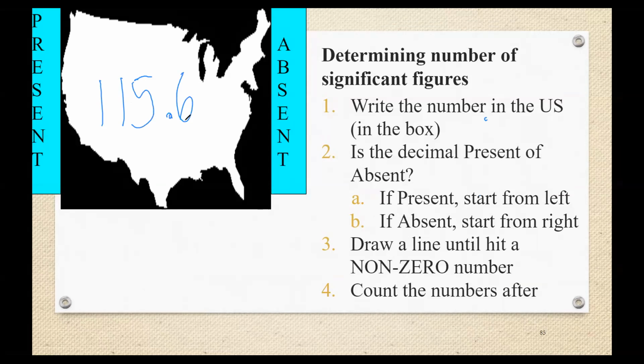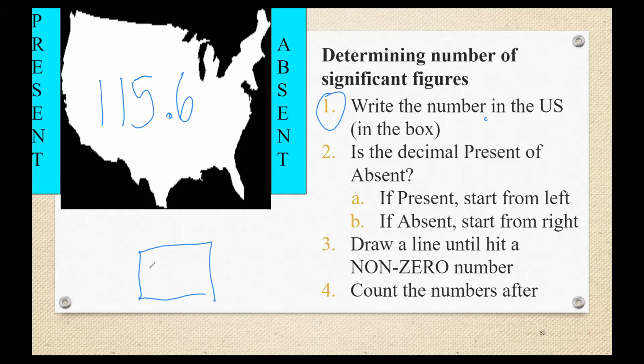So we need to figure out how many of these numbers are significant. And we're going to use what's called the Pacific Atlantic method. So what we're going to do is create a box and put that number in the box. That's the first step. I said that it is 115.6.